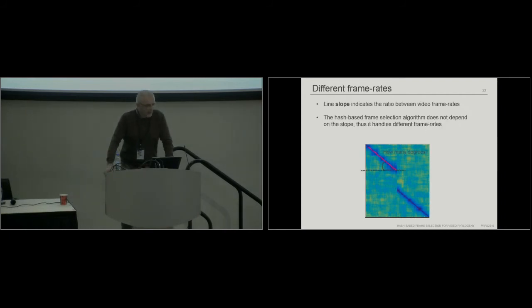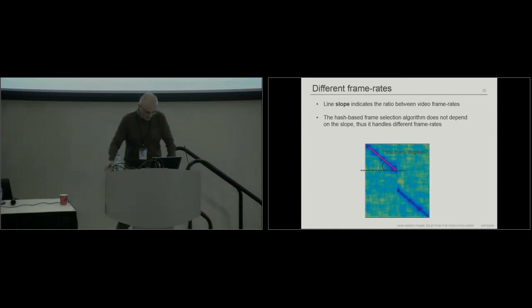And also we can easily take into account a change in the frame rate of one sequence with respect to the other, in the sense that the segment that we identify will not have a slope of 45 degrees, but a different slope.